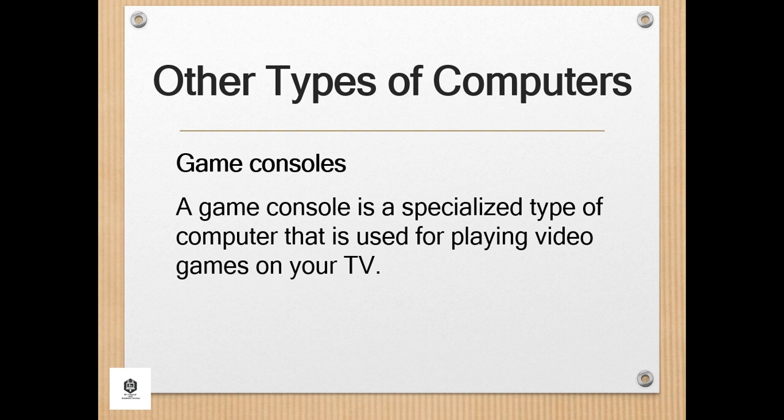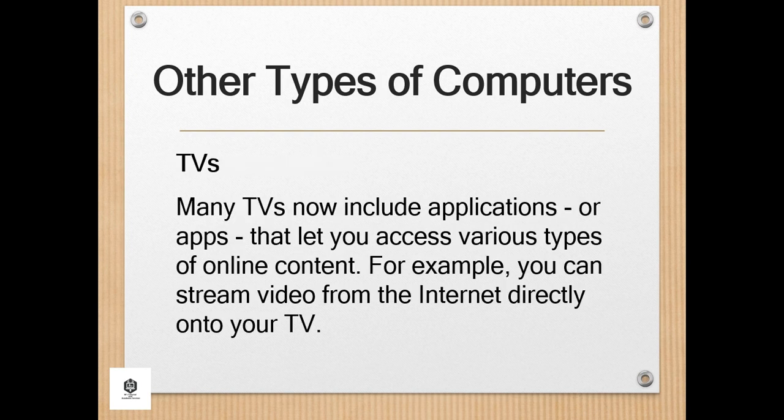A game console is a specialized type of computer that is used for playing video games on your TV. And last example for other types of computers, televisions or TV. Many TVs now include applications or apps that let you access various types of online content. For example, you can stream video from the internet directly onto your TV.